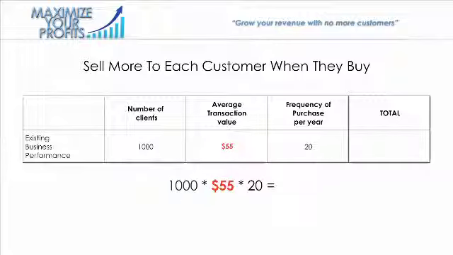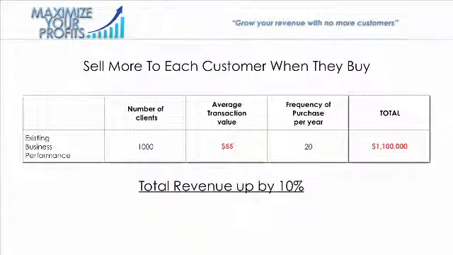And what do we see? Revenue's gone up by 10%. We haven't added a single new client. What we've done is just focused on selling more to the people who come in the door. The same impact in revenue of increasing our customers by 10% is increasing our transaction value by 10%. So total revenue is up by 10% when we change the average transaction size for our customers.